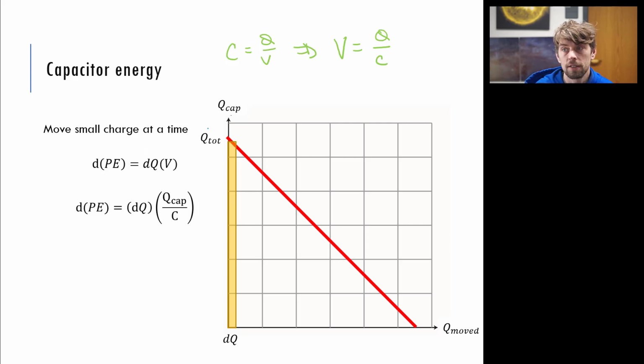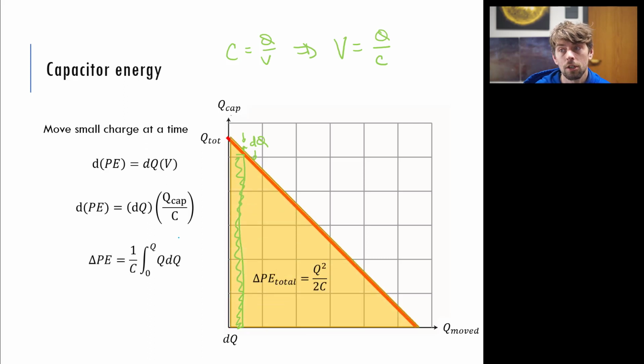But because I have moved a small infinitesimal charge, the charge on the capacitor has decreased by an infinitesimal charge as well. And so then we rinse, wash, and repeat. We move the second infinitesimal charge, and we find that the second infinitesimal charge releases a certain amount of energy. And when that energy is released, there is a new charge on the capacitor, et cetera, et cetera. And so you can see where we're going to go with this.